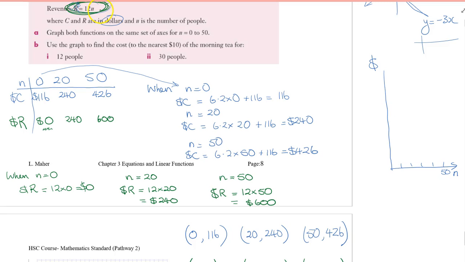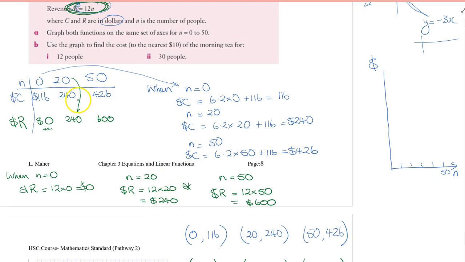R is equal to 12 times N. So that gives me $0. Now, I'm wanting to know the revenue when N is 20 and fill in this spot. Where did that 240 come from? It came from this calculation here. When N is 20, R is 12 times 20, and 12 times 20 is 240.